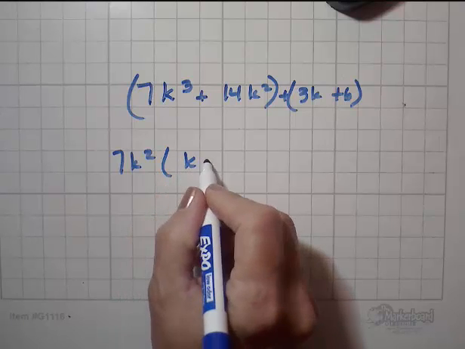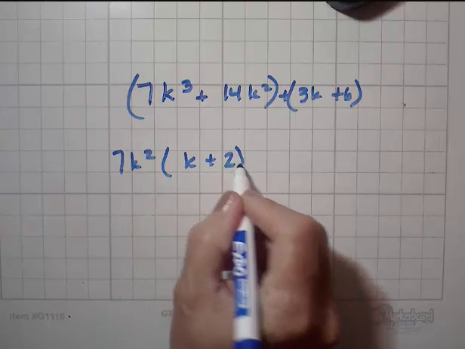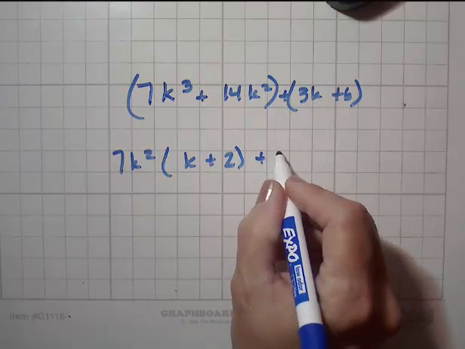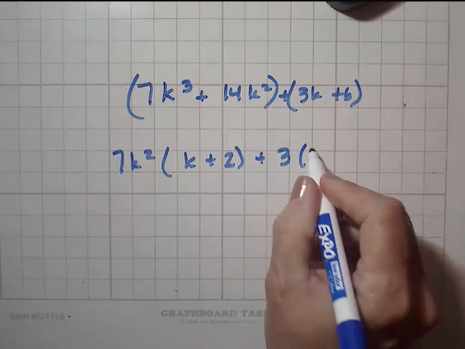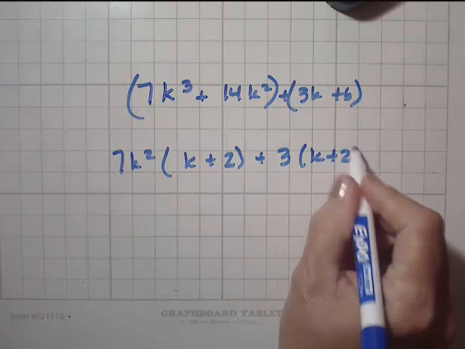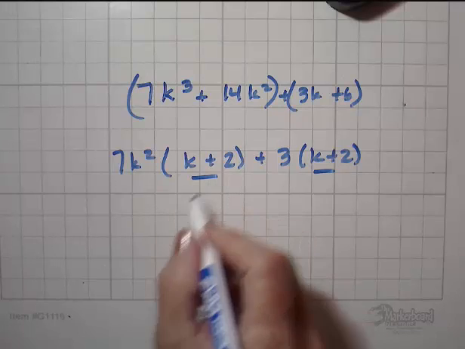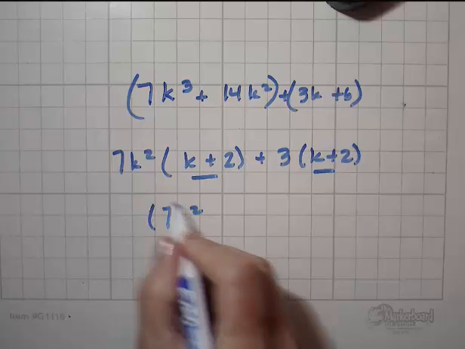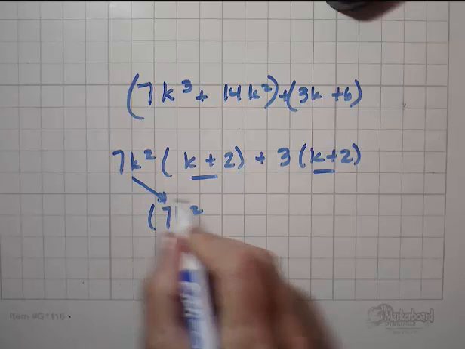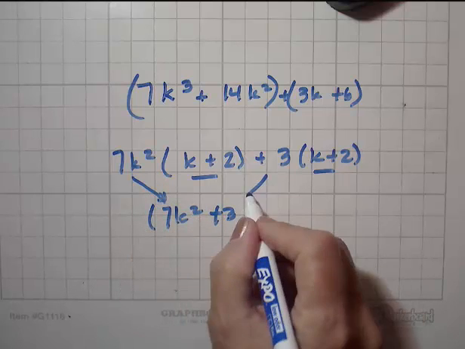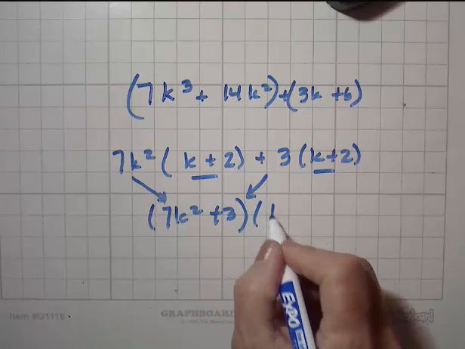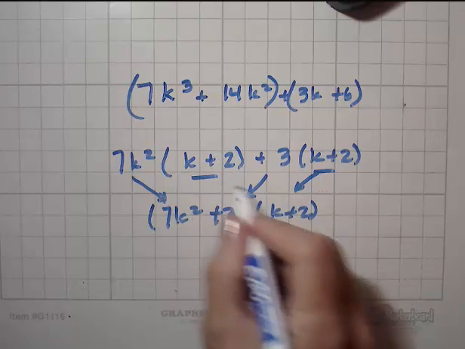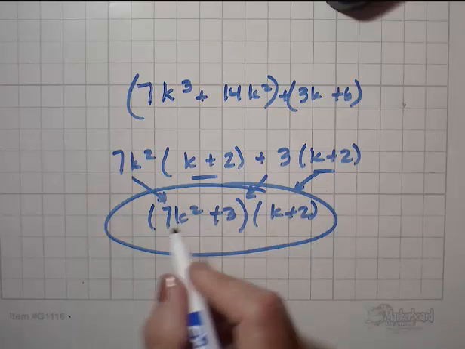That leaves a k plus 2. 3k and 6, I can take a 3 out of both of those, which leaves a k plus 2. As long as these are the same, I can factor by grouping. 7k squared from here plus 3 from here multiplied by k plus 2 from this parentheses, or that one, it's the same, and you're done.